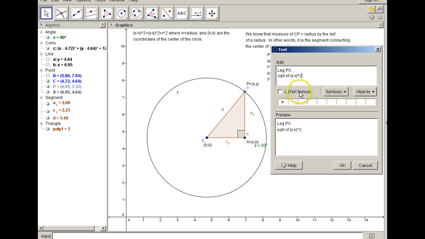Squared plus y of p minus y of x. So that's y minus k squared.